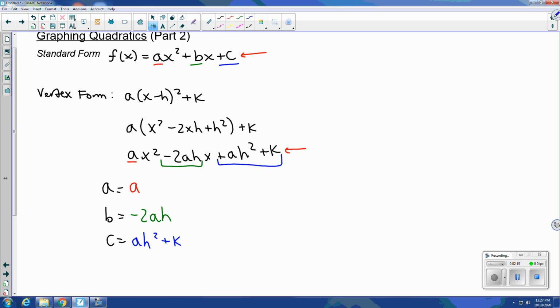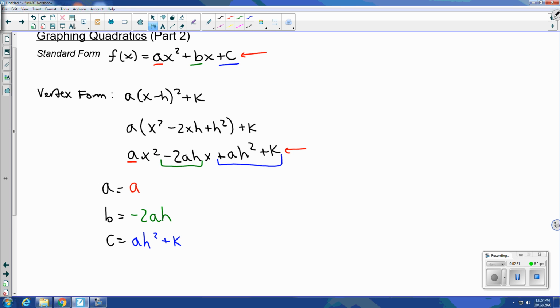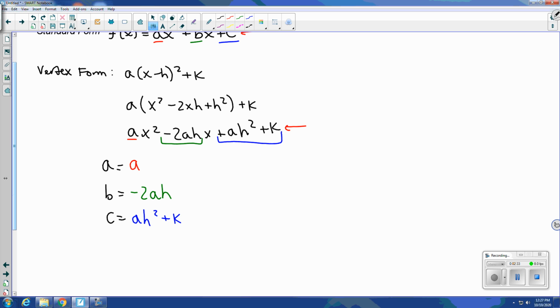All right, so if A, B, and C in standard form correspond to each of these pieces from an expanded out vertex form, what can we learn about what A, B, and C tell us in our vertex form? Well, first off, A in the vertex form revealed vertical dilations. It told us if the graph opened up or down depending on if a reflection was present.